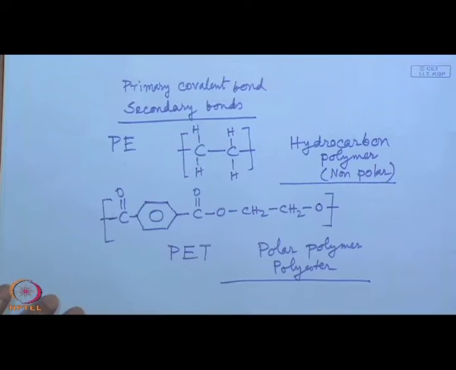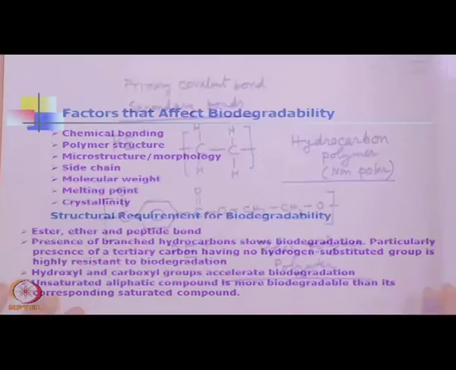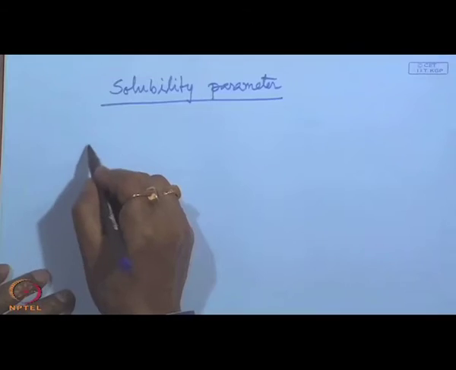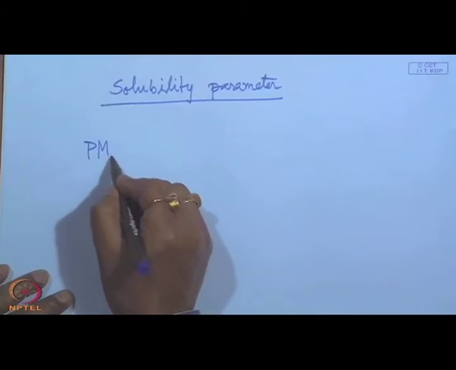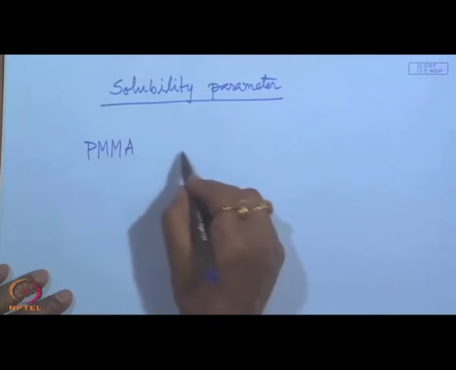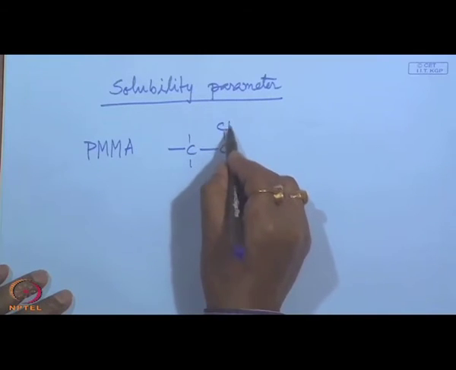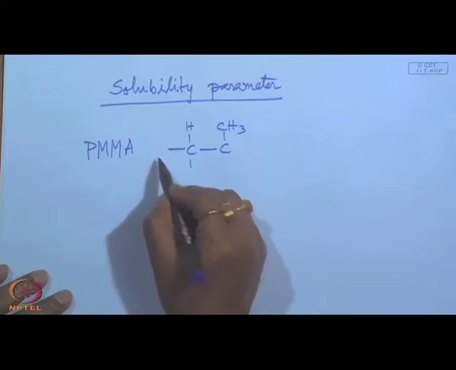Then side chains. Now, there can be polymers like PMMA, polymethyl methacrylate. Its formula is this.